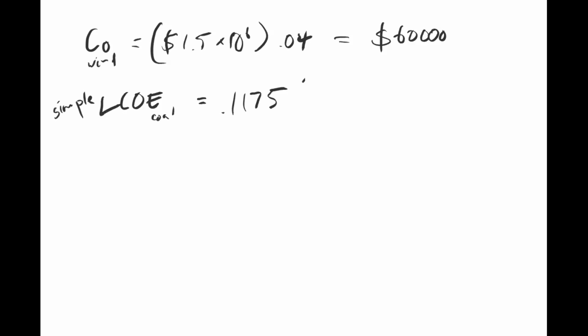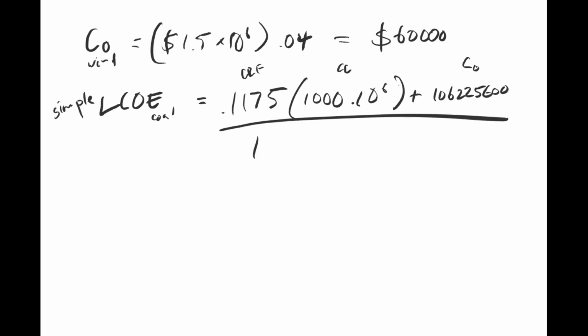Then we can calculate the simple LCOE of coal, and that's equal to 0.1175 times 1,000 times 10 to the 6, so this is the CRF, this is the CC, plus that number that we calculated, 106,225,600. This is CO, divided by 10 to the 6th kilowatts times 8760 hours times 70%.